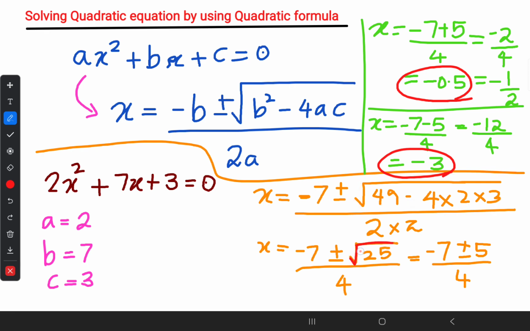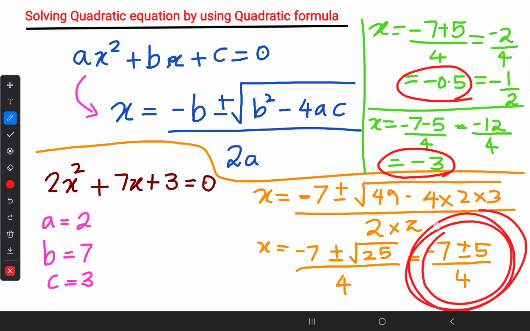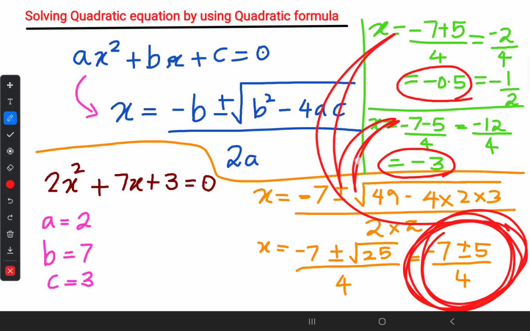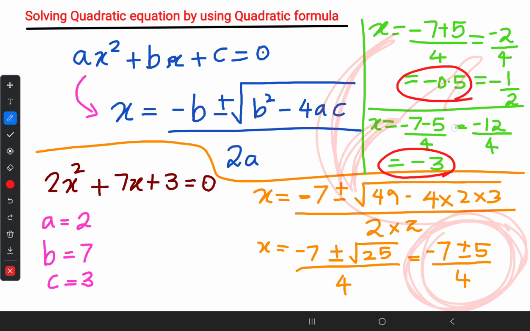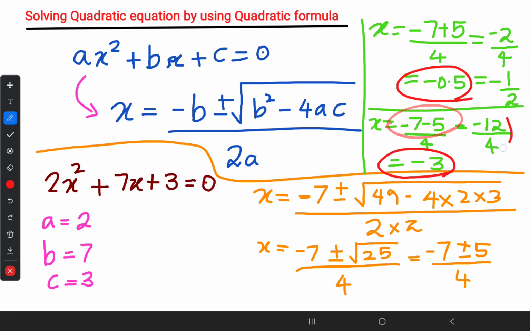Then it will become 25. Square root of 25 is 5. Up to here is just simplification. Thereafter, finding the solutions. What are the two solutions? One with positive 5 will give you negative 0.5 as a solution, and one with negative 5, negative 12 divided by 4, will give you negative 3 as the final solution. So these are the two solutions for our equation.